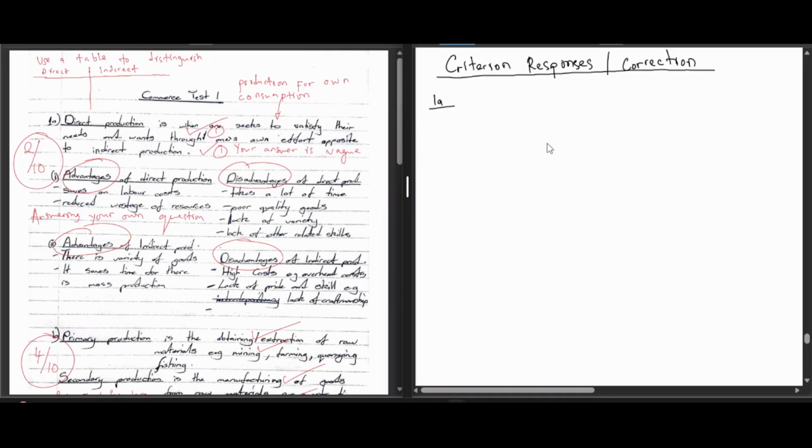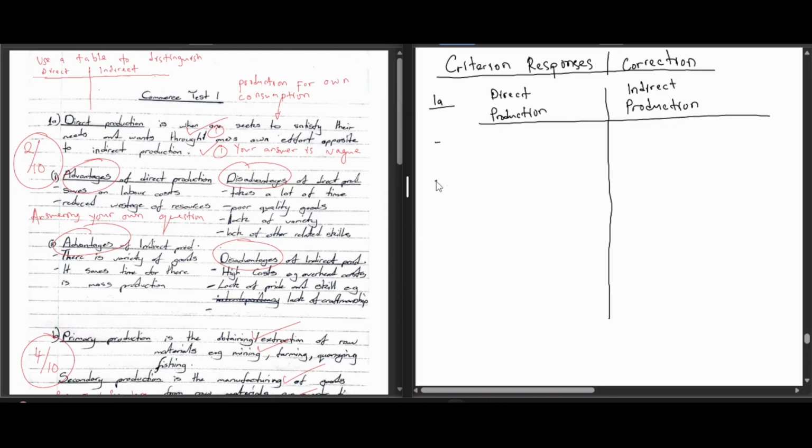So when a question says distinguish between, you put a simple table, just like this, with direct production on this side and indirect production on that side. And since it's 10 marks, you have to make sure you have 5 points or more. So if you write 5 points, maybe add a 6th to give yourself an option to get all the marks.